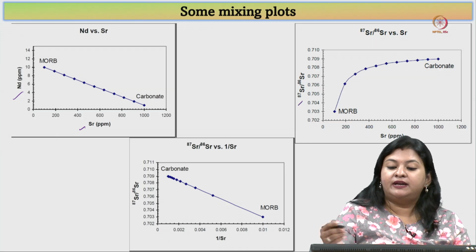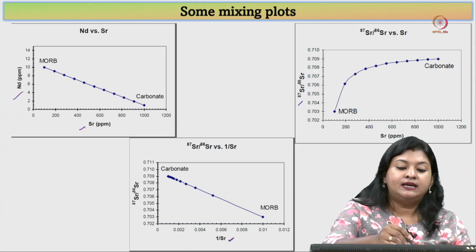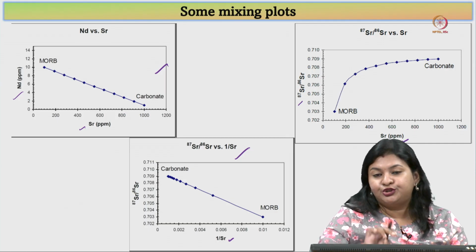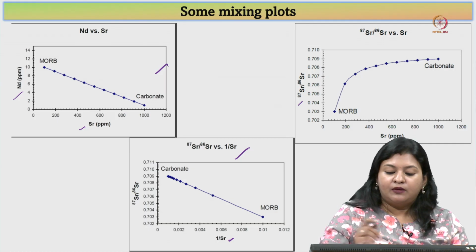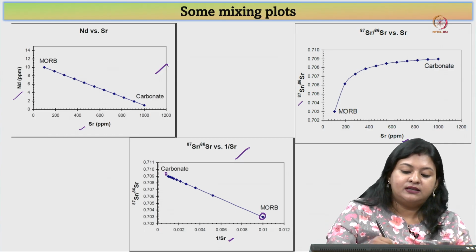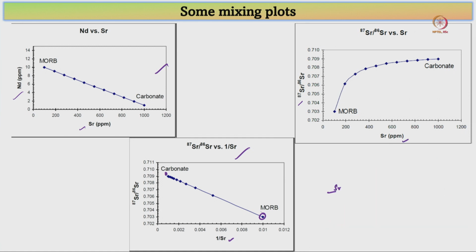So, 87 strontium by 86 strontium versus 1 by strontium, and you can see this and this, these two types of plots are the most preferred types of plots, where you can have the two end members and their incremental spacing depends on the end member strontium values. So, with this, if we are doing this kind of mixing where we are trying to understand what are the source contributions, then these are the most preferred types of plots.